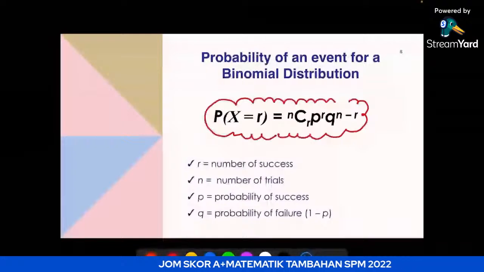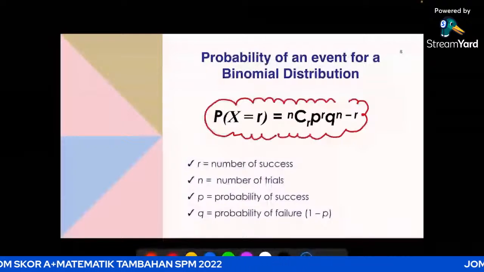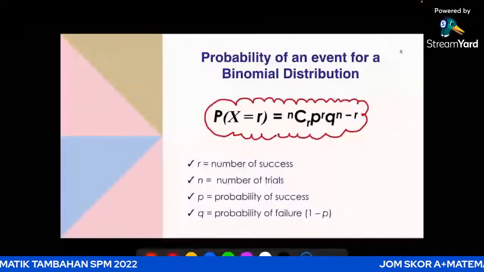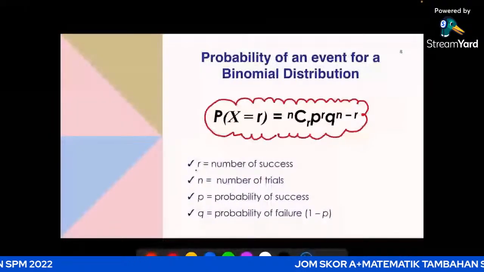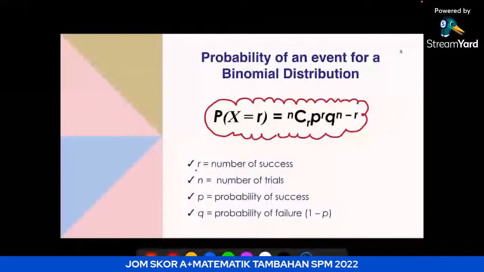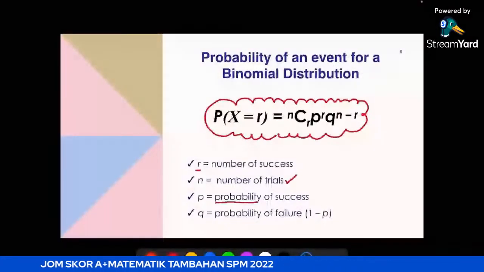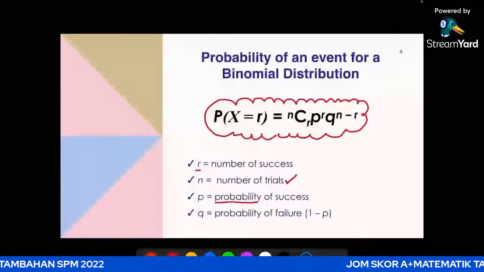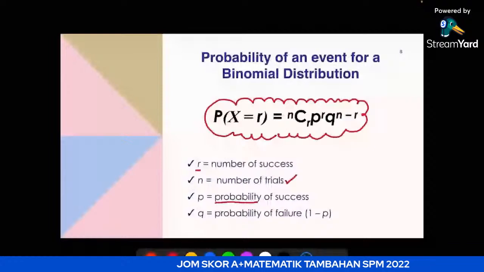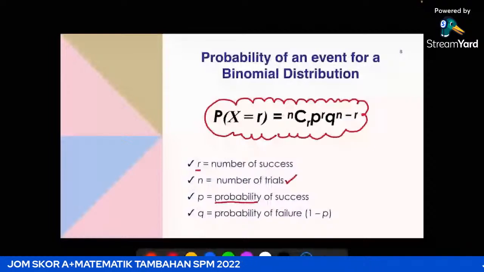So for each of these letters, they have their own meaning. r represents the number of successes. n is number of trials. p is probability of success. Nampak beza di antara r and p. Whereas q is the probability of failure. Remember p plus q is equal to 1. Itu sahaja. Kita kena tahu the letters here.